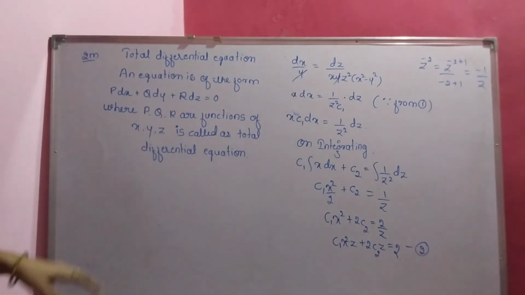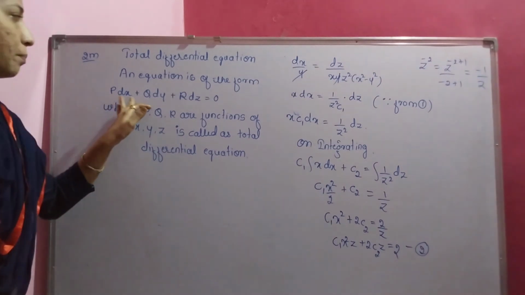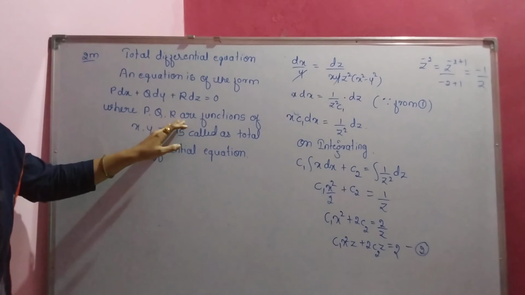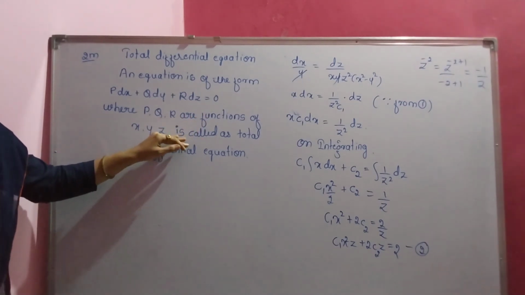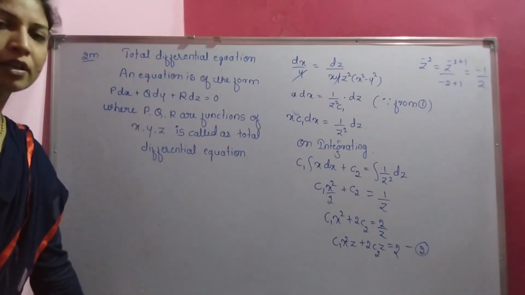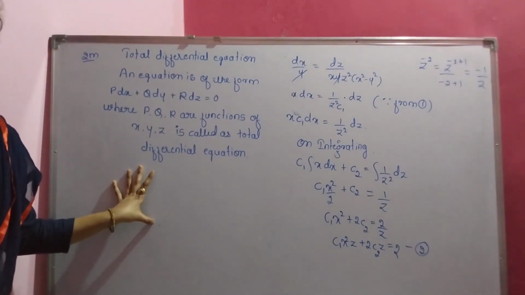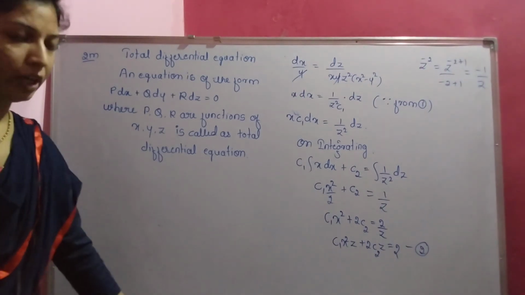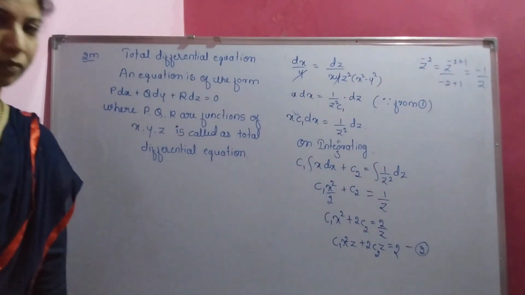If the given equation is of the form P dx plus Q dy plus R dz is equal to 0, where P, Q and R are functions of x, y, z, it is called the total differential equation. In the next class, we will discuss how to solve this total differential equation by using the condition of integrability. Thank you.